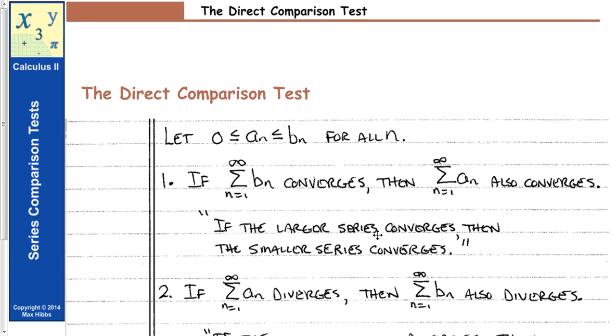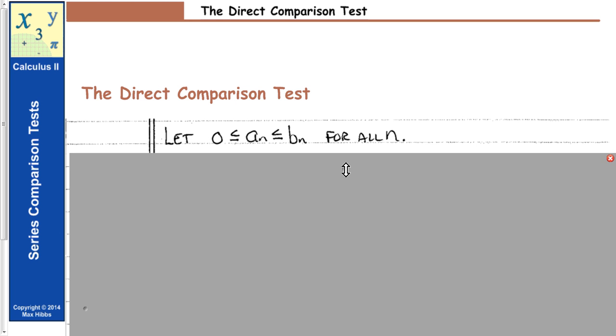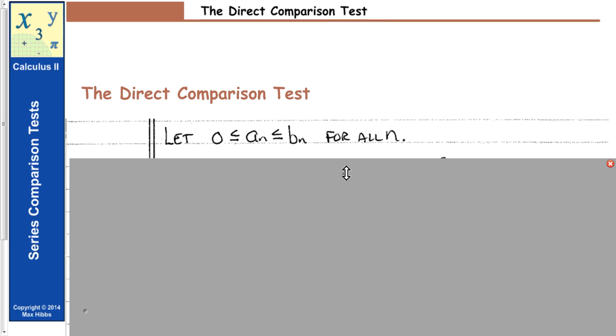Well, the direct comparison test says this. In fact, let me put this up so that we can concentrate on the pieces that we need to at a time rather than being overwhelmed by everything. Let's assume that we have two series made up of a sub n's and b sub n's, that is, the terms of the series.